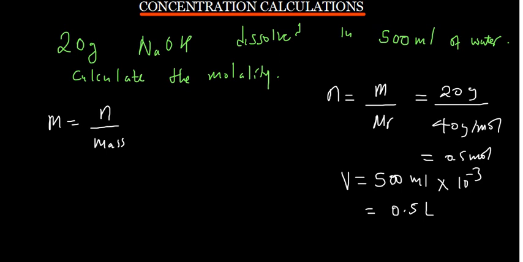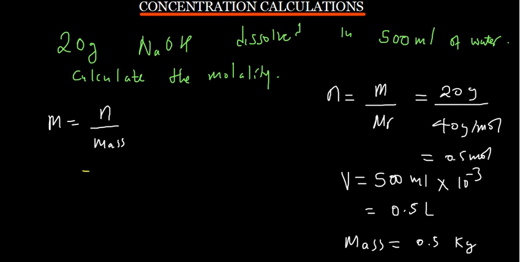Now we have got the volume. We know that the density of water is 1 kg per liter. So if we have 0.5 liters, it means we have a mass of 0.5 kg. That's the mass of water that we are dissolving in.